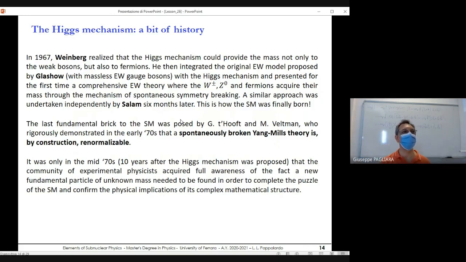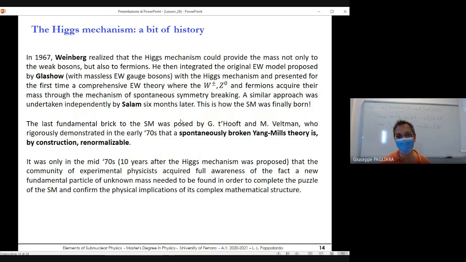Now, everything is perfect, is elegant, is fantastic, but if you don't find the Higgs boson, it could just be a fake, right? So now the challenge was indeed to find the Higgs boson, because the discovery of the Higgs boson with the properties predicted by the standard model would be the final proof that all this mechanism is indeed real.